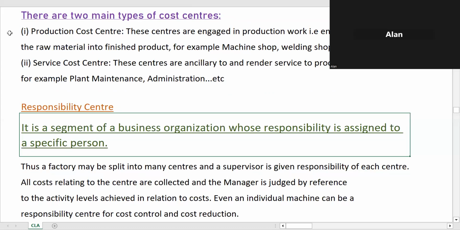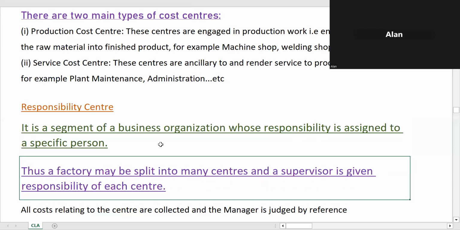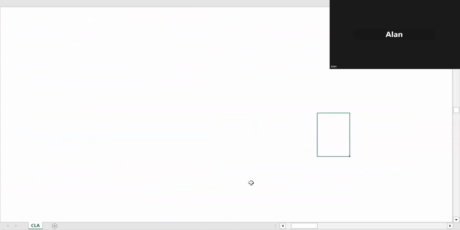The responsibility center is very close to a cost center in meaning. It is a segment of a business organization whose responsibility is assigned to a specific person. A factory may be split into many cost centers, and a supervisor can be given the responsibility of each of them. So a responsibility center is nothing but a cost center.